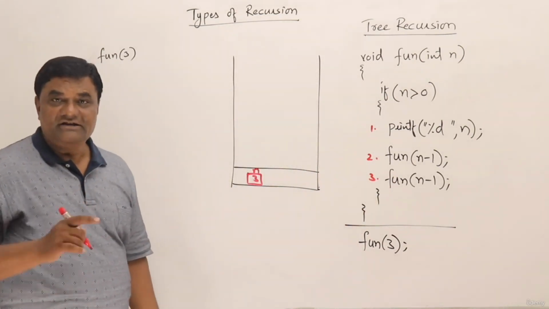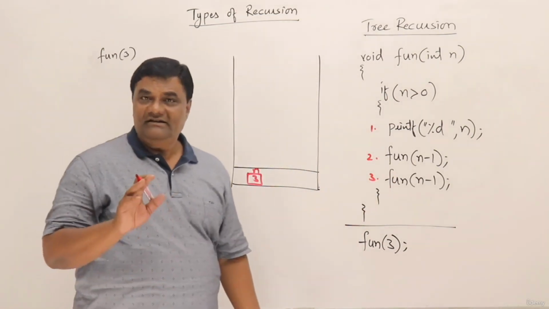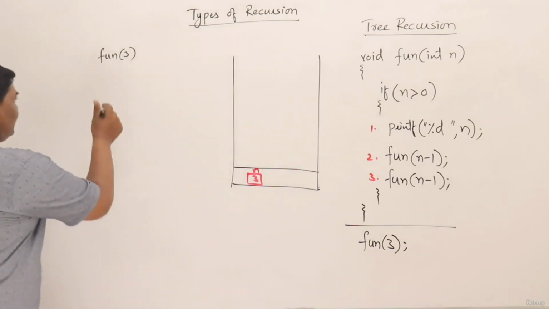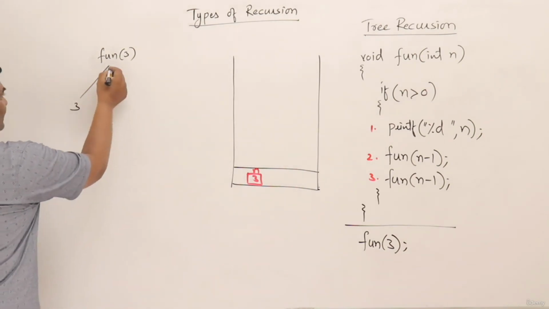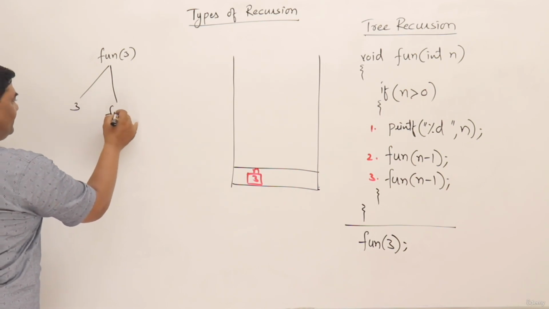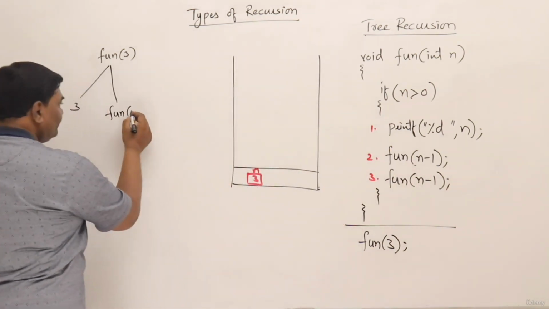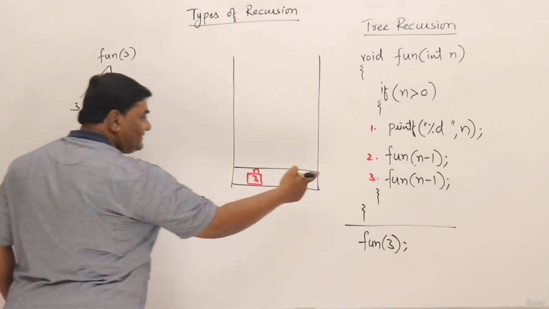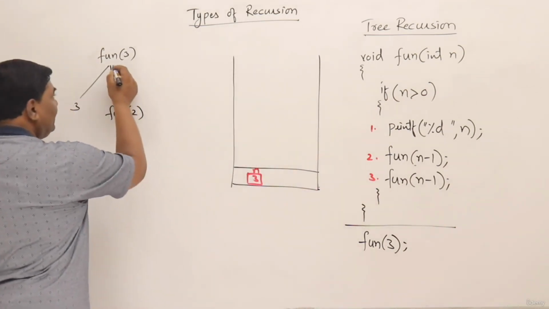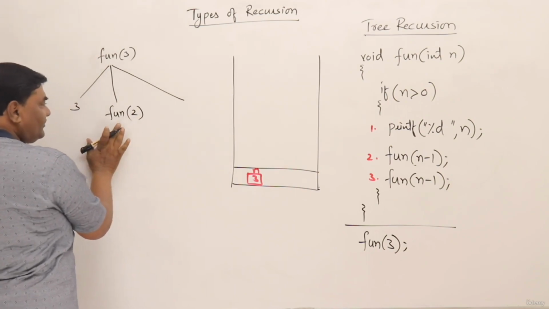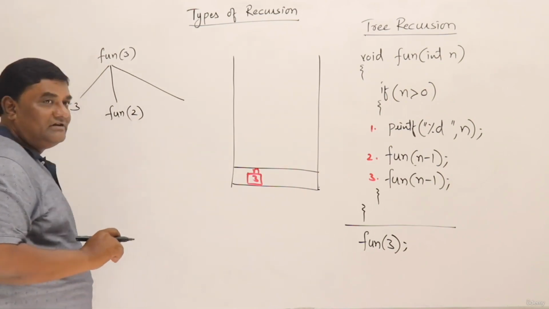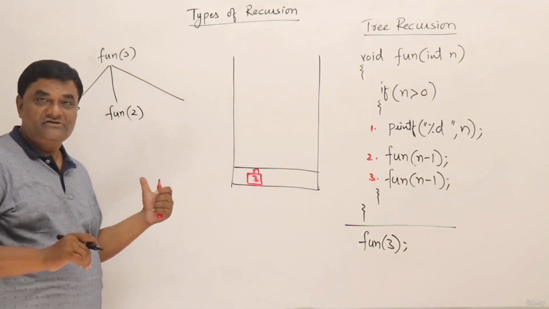Let us print the value. It will print 3 and make the first function call fun for n-1, that is 2. The second call it will make once this call has finished. So let us first finish the first call.